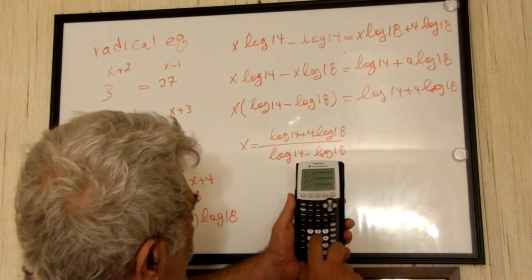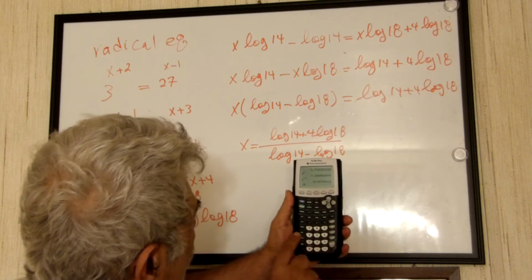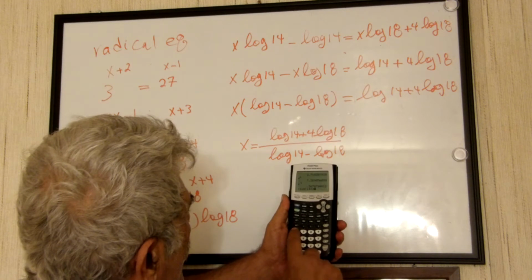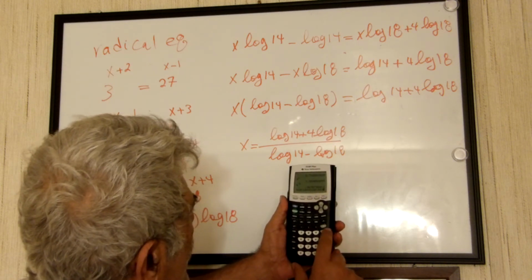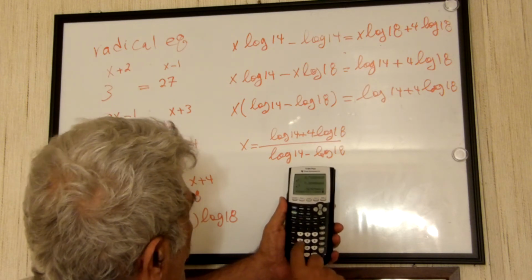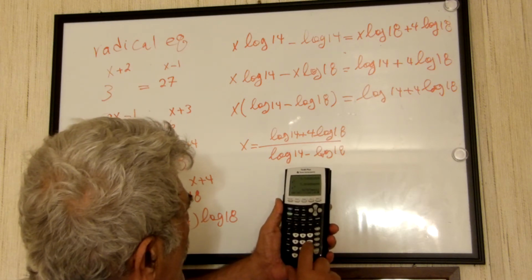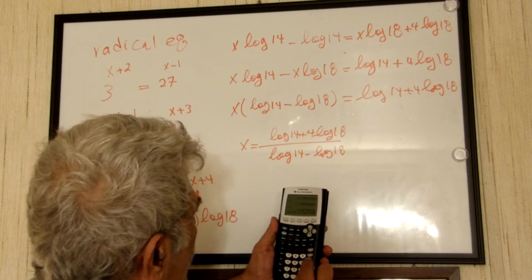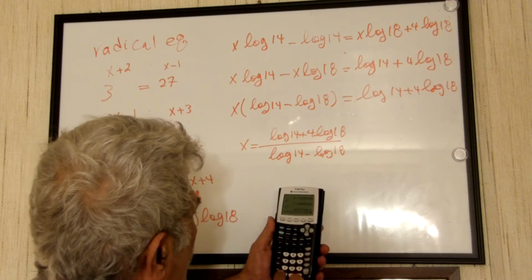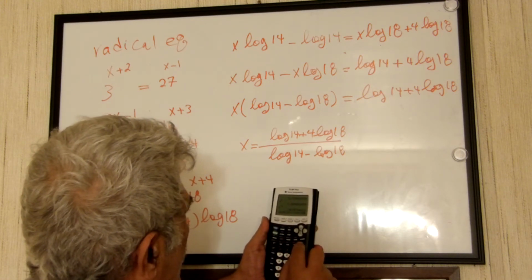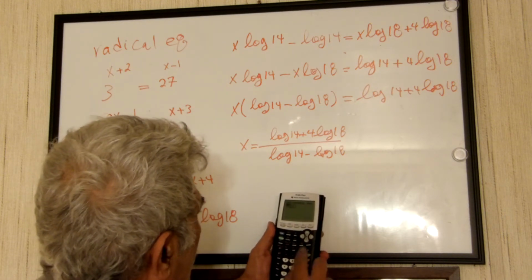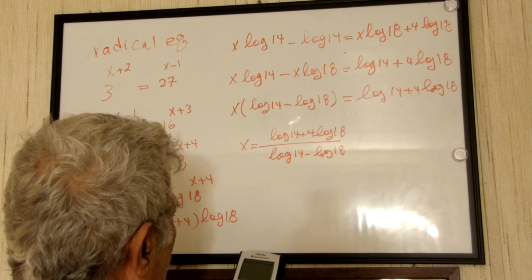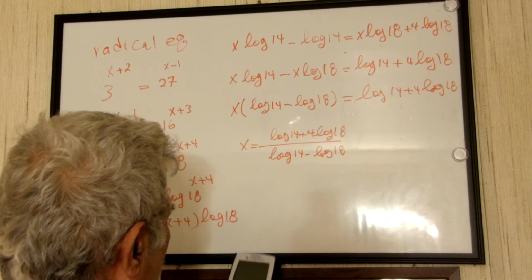You know, we write parentheses here, log 14 plus 4 log 18 divided by log 14 minus log 18. Okay, I made a mistake here.